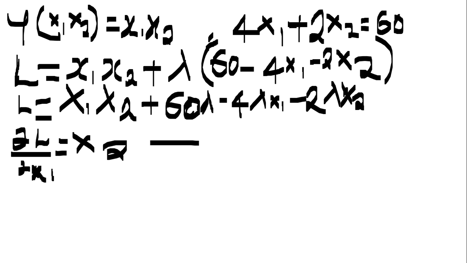And then minus x1 is also appearing here, so if we differentiate this with respect to x1, we're going to have 4 lambda. We equate this to 0. I didn't write my lambda properly, I was looking at it like a y. Yes, 4 lambda.